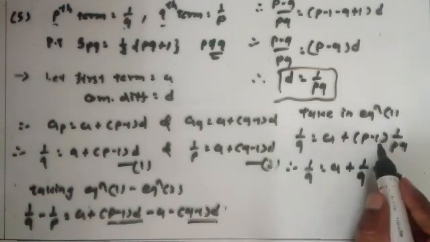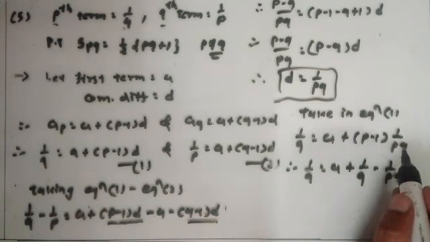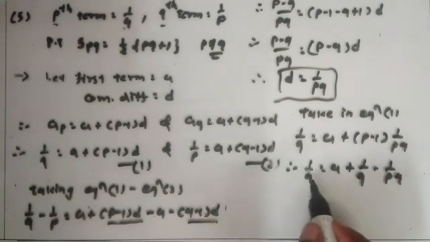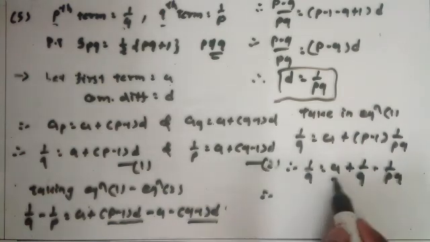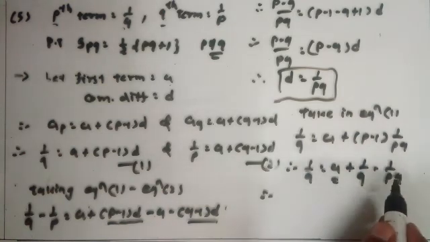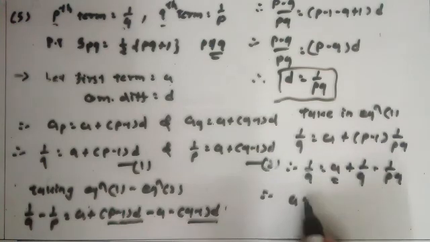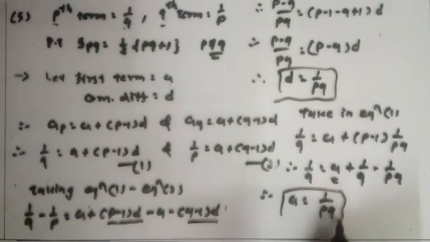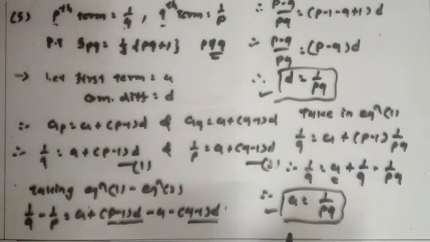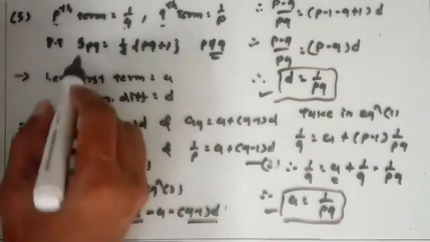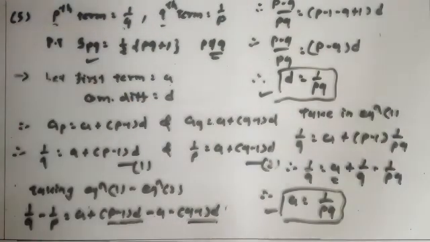Clear? Minus 1 into this becomes 1 upon PQ. 1 upon Q from both sides cancel, we get A is equal to minus 1 upon PQ, take this side, so A is equal to 1 upon PQ. Okay, so this is the value of A. From the first term and the common difference, we get the sum of PQ terms.